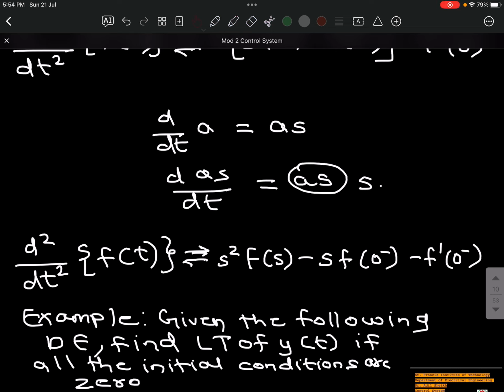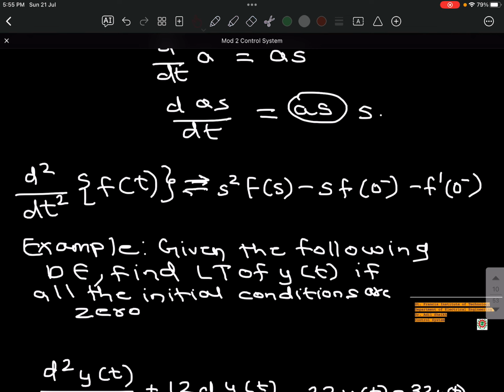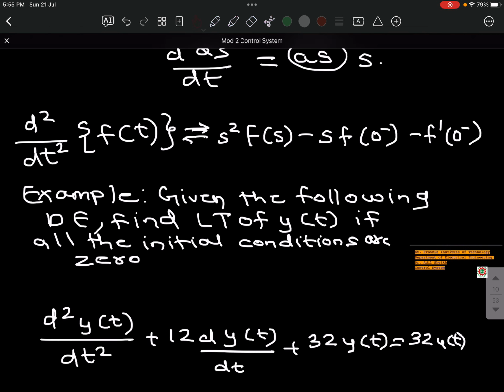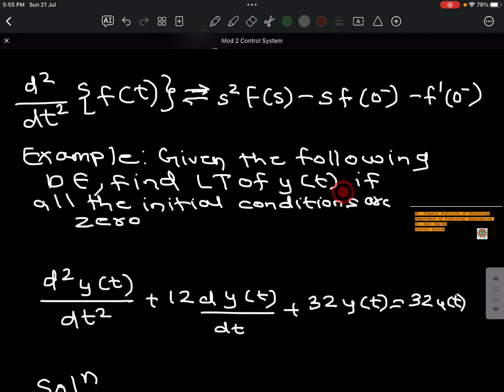Given the following differential equation, find the Laplace transform of y(t) if all the initial conditions are 0. एक थोड़ा सा बड़ा सा इक्वेशन मैंने रखा है यहाँ पे, ताकि इट कैन बी अ वेरी क्लियर इंडिकेटर फॉर व्हाट वी आर गोइंग टू स्टडी. So now first is a double derivative, which is over here, d square y(t) upon dt square plus 12 dy(t) upon dt plus 32 y(t) is equal to 32 u(t). Now how it looks like when we open it.